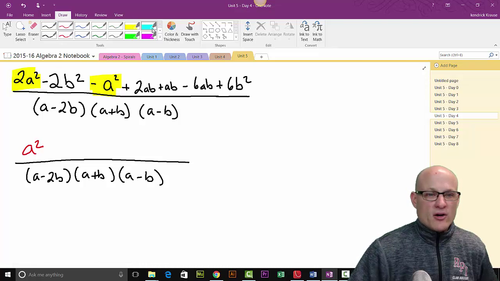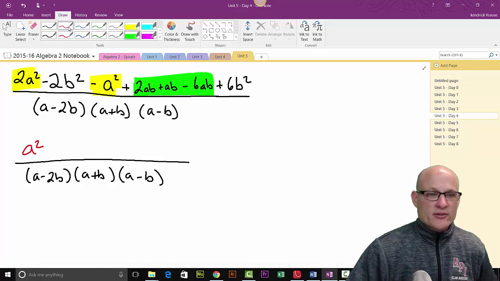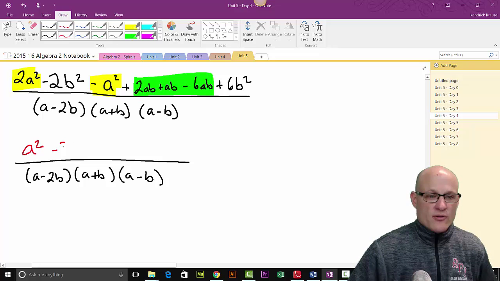Now I'm going to combine all of the ab stuff. All this stuff is ab stuff. So that's 3 minus 6. So that's minus 3ab.